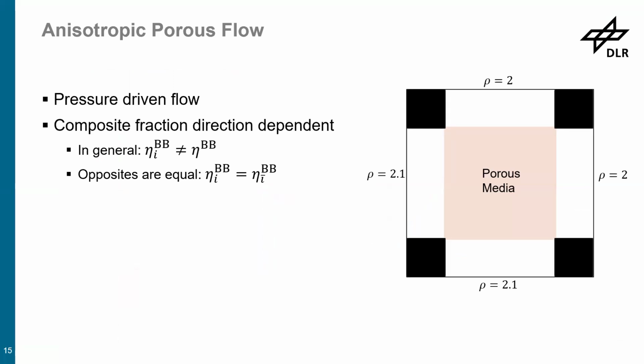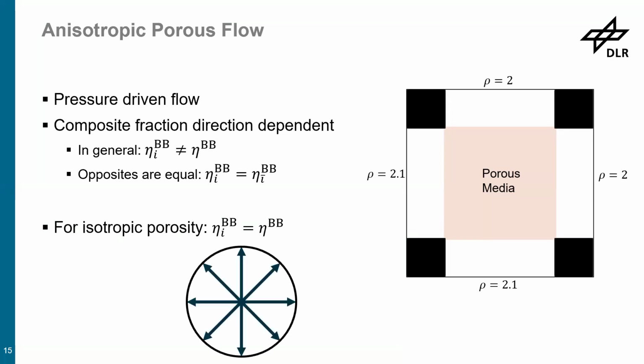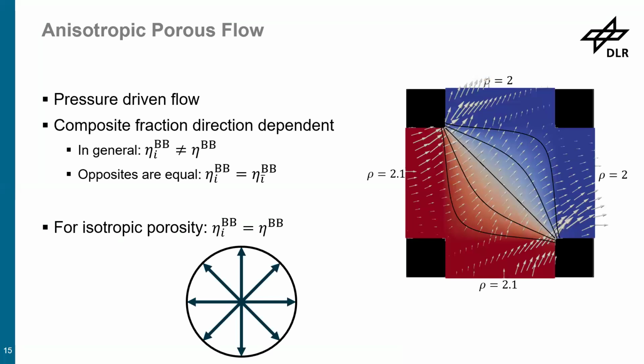And over here, we have some pressure-driven flow from the bottom left to the top right. And in this current simulation benchmark, I will show how the flow will look from a perspective where we have some isotropic porosity. And we can see that the pressure is nicely falling off, and it's very nicely symmetric, and we have the velocity going equally through all the various outlets.